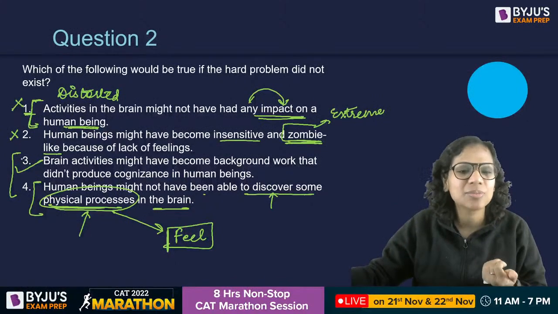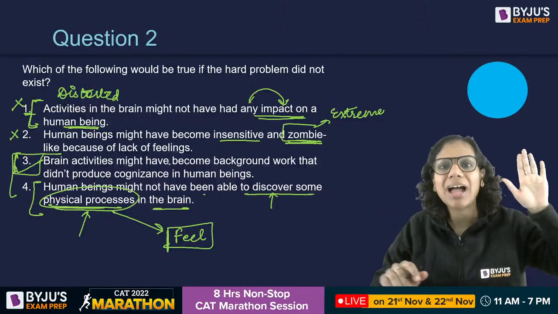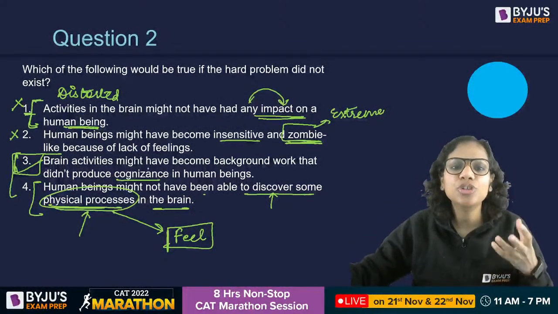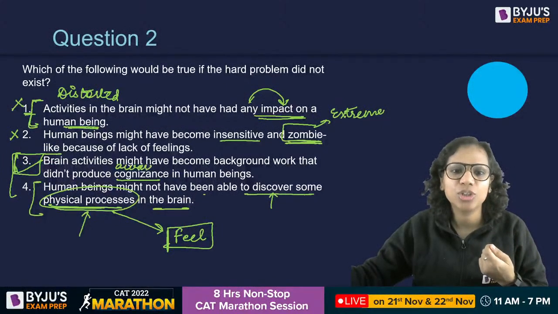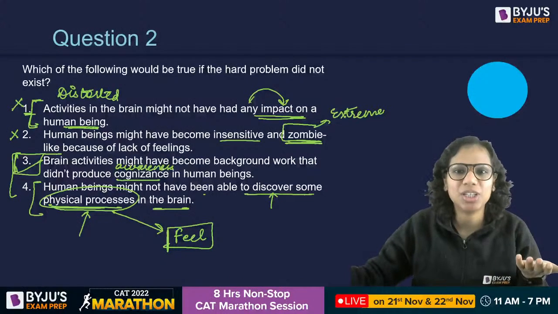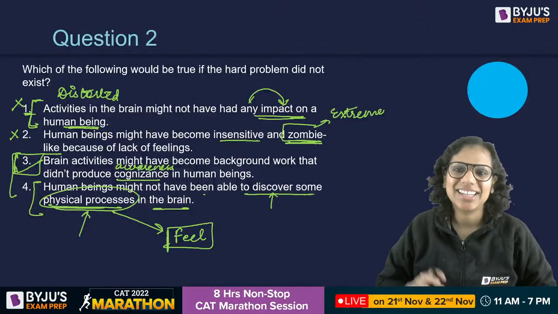That may have happened. So 3 is the answer, that brain activities might have become this background work that is happening in your body in the background without producing any awareness in you. You are not aware of it, right? Of this background work that is happening in your brain. So 3 is going to be our answer.